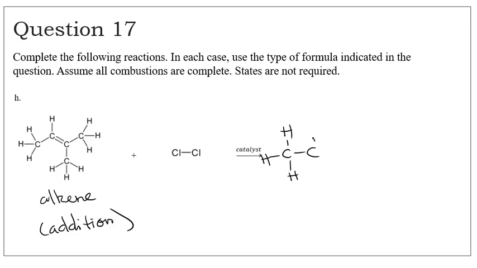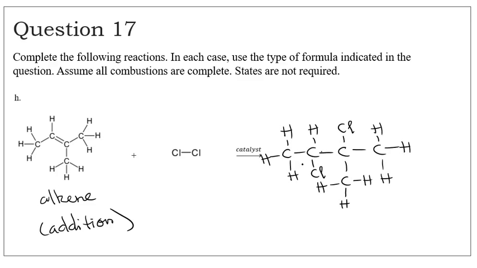And then we have this, which has a hydrogen, followed by another carbon that has a CH3, followed by another carbon that has a CH3. I'm just going to put a chlorine here and a chlorine here. Because they're both chlorine, it's really only one way that this can go. That's it.